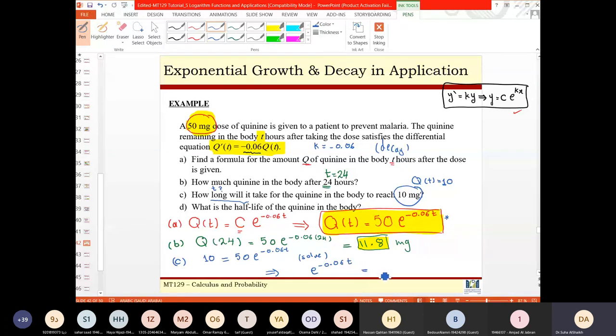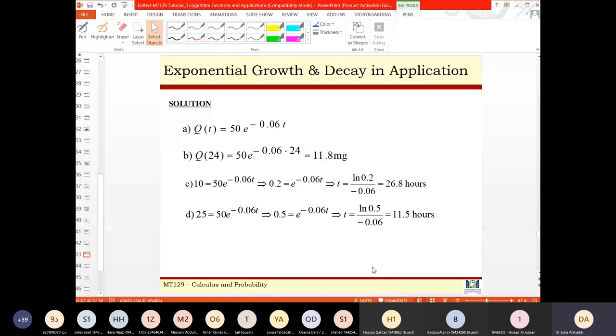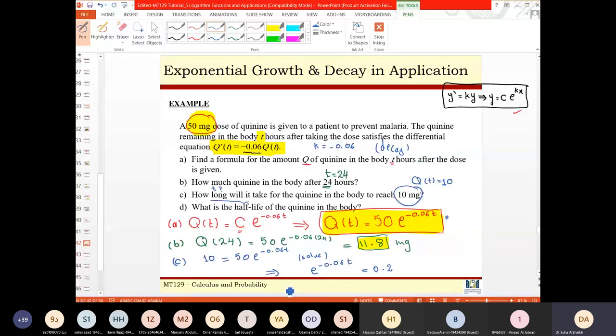How much is 10 over 50? It's equal to 0.2. Right? So the exponential of this is equal to 0.2.